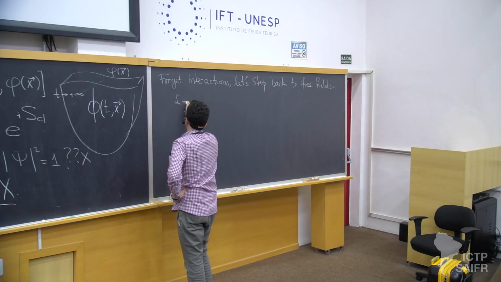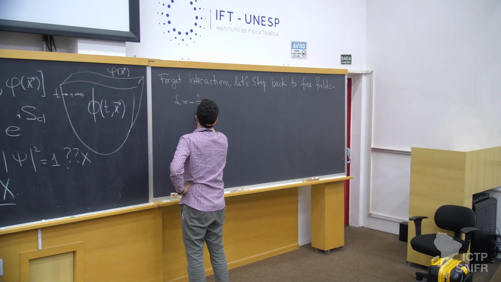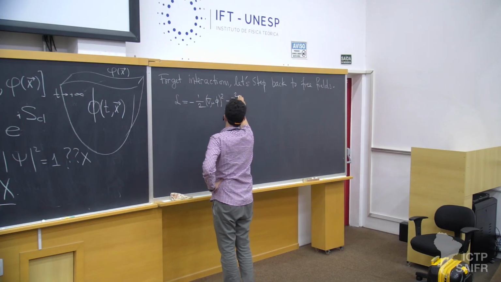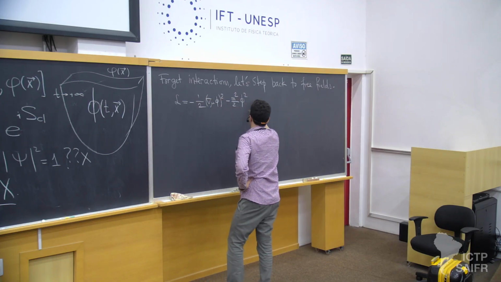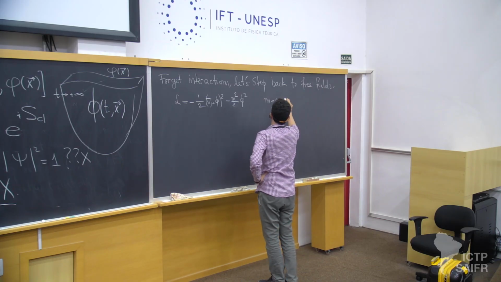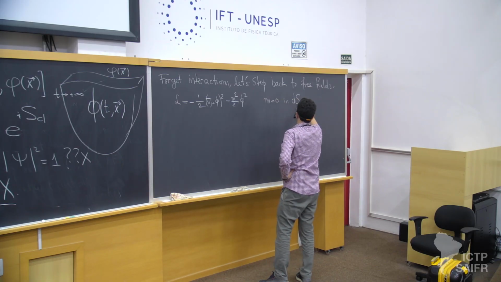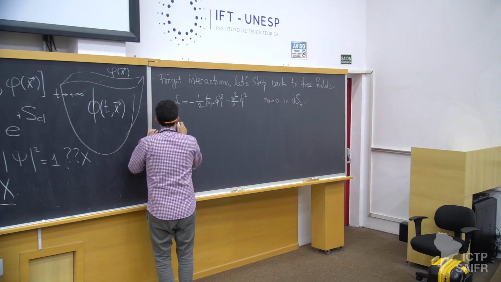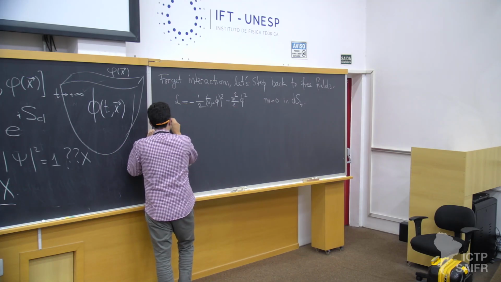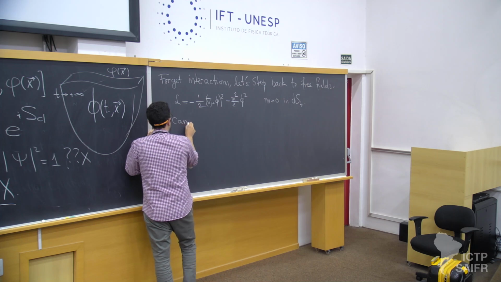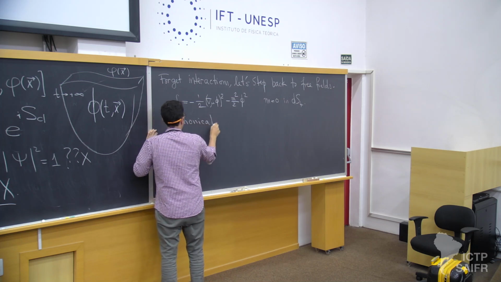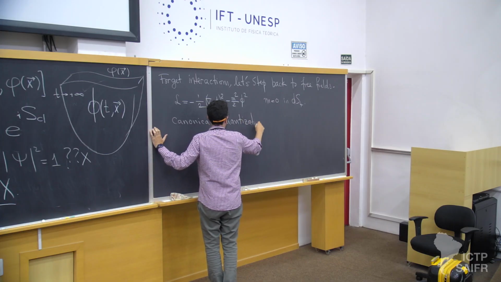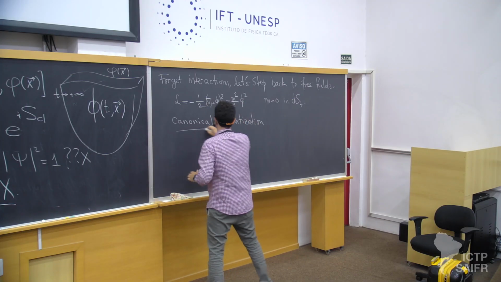So the Lagrangian is this, and let's discuss m equals 0 in dS. Okay? So canonical quantization is what we already discussed many times.